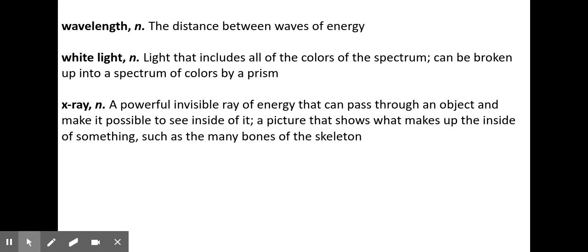White light: light that includes all of the colors of the spectrum, which can be broken up into a spectrum of colors by a prism. And X-ray: a powerful invisible ray of energy that can pass through an object and make it possible to see inside of it, a picture that shows what makes up the inside of something, such as the many bones of the skeleton.